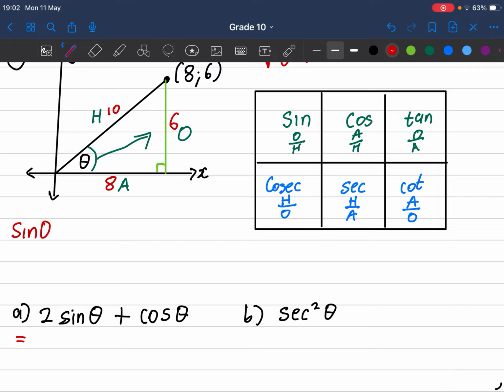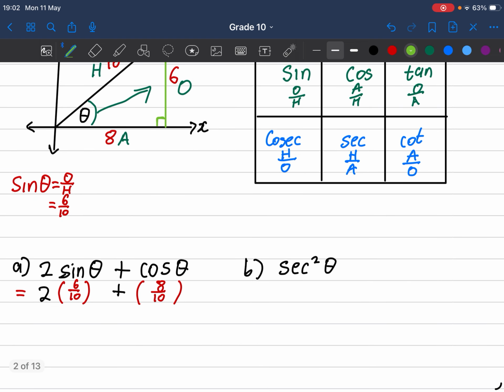In this case, our opposite is 6 and our hypotenuse is 10. So I'm going to have the 2 that was there, sine theta is 6 over 10, plus cos theta, which is adjacent over hypotenuse, in this case 8 over 10.